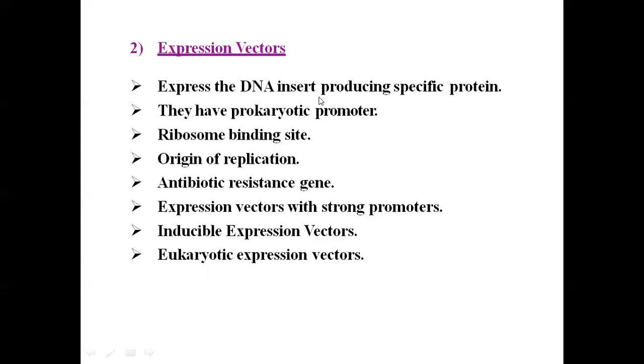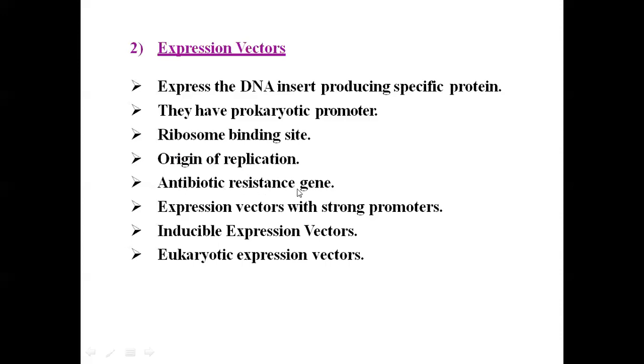It expresses the DNA insert producing a specific protein. It has a prokaryotic promoter. This is very important. So the expression vector should have a prokaryotic promoter region and a ribosome binding site, an operating and controlling DNA sequence. Origin of replication is called the ORI site, meaning where the replication starts.